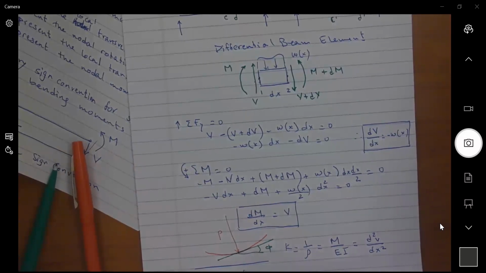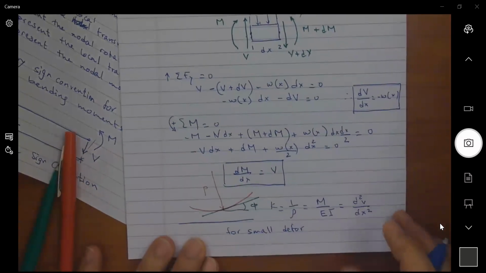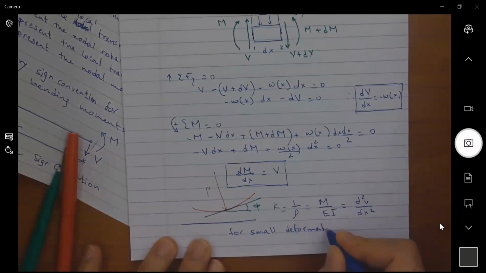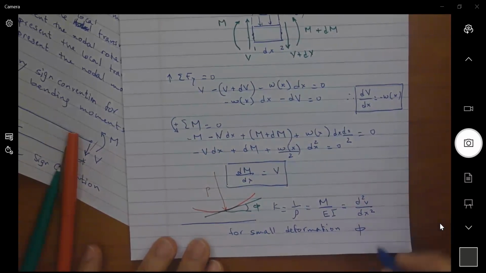For a small deformation, phi is equal to dv by dx.